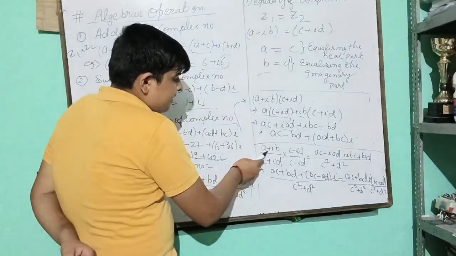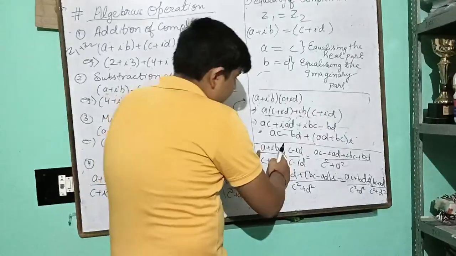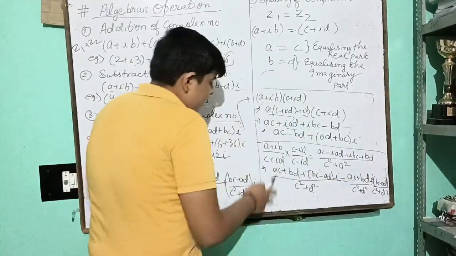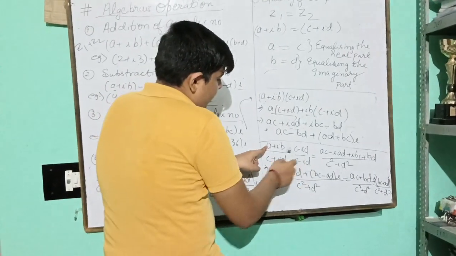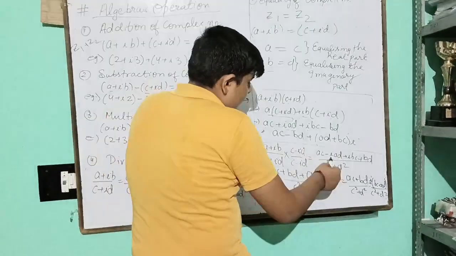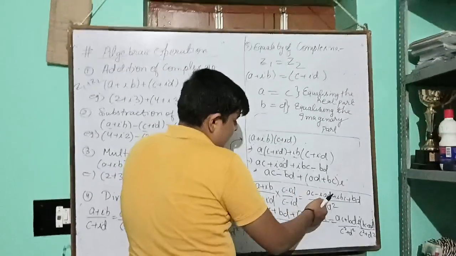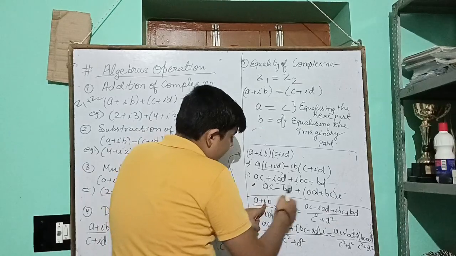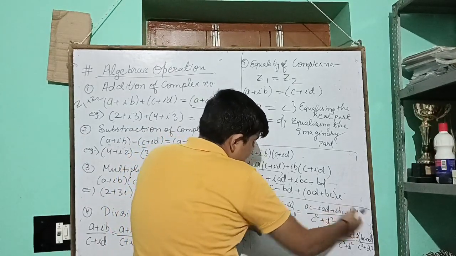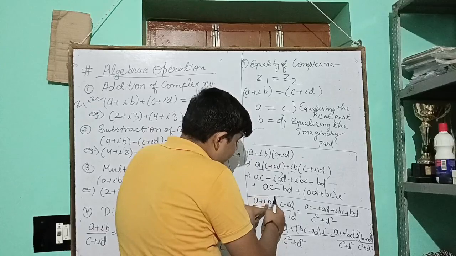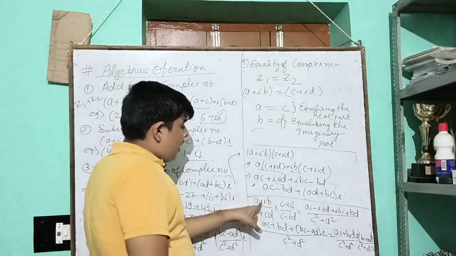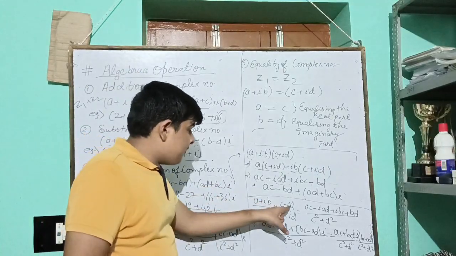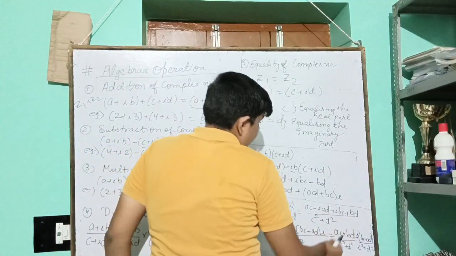So at first a plus iota b and c minus iota d are multiplied, and the result is this. a into c, after that a into minus iota d, that becomes minus iota ad, plus iota b into c, that is plus iota bc. After that iota b into minus iota d, iota square is minus 1, so minus becomes plus, that's why I have written plus bd.